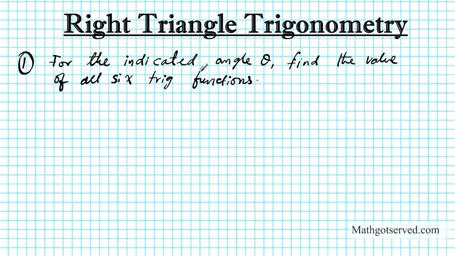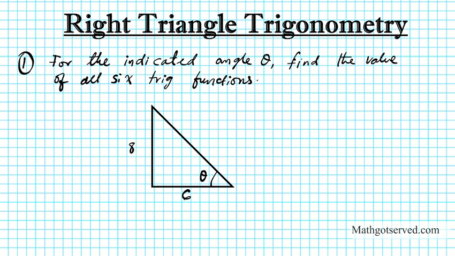All right, so in this problem, we have the triangle with the following orientation, a triangle like this. This is theta, and this side measures 8, and this side right here measures 6.